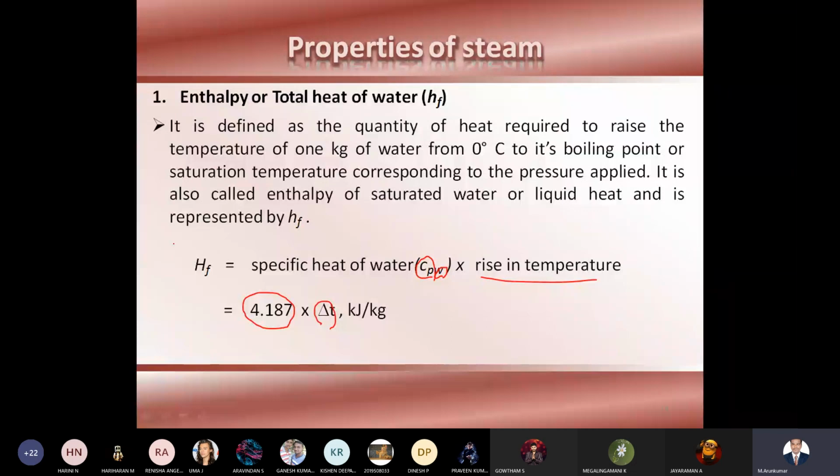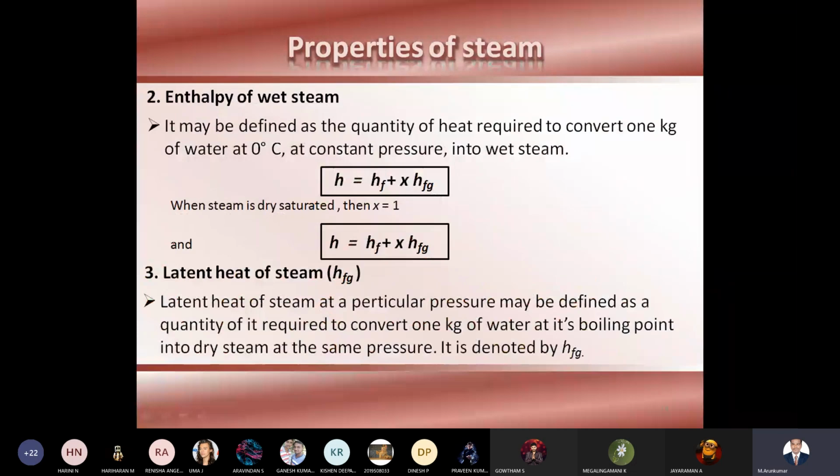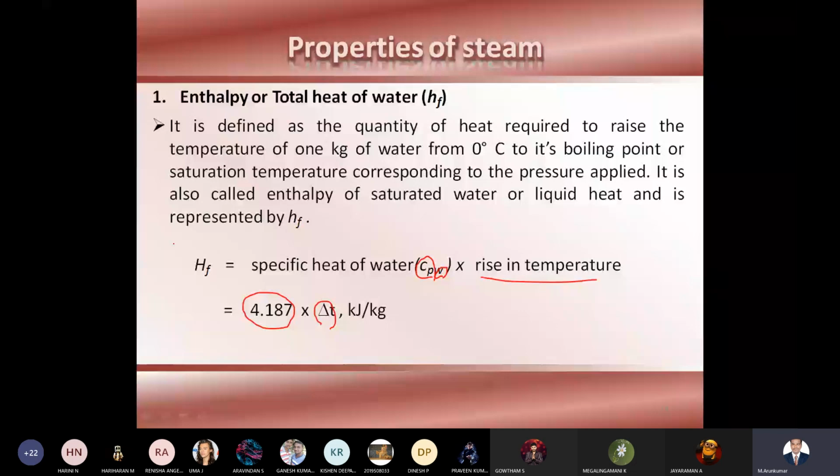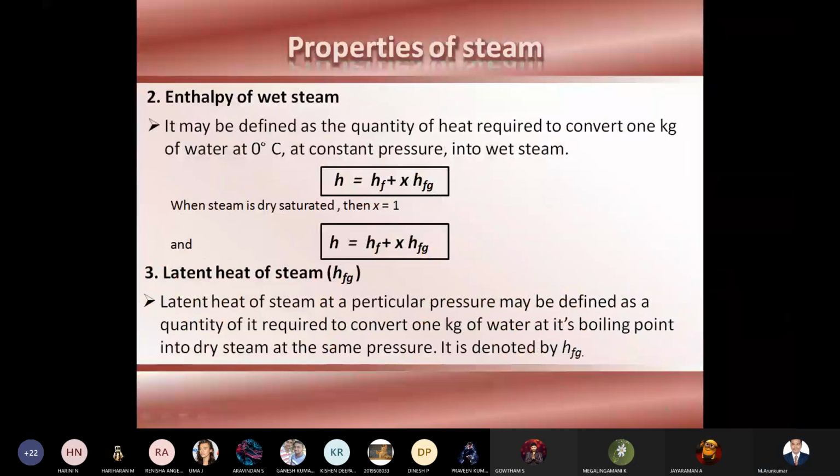Then the next property of steam is enthalpy of wet steam. So in this case, this is the enthalpy of water, that you know. Then this is for wet steam, that is a mixture.